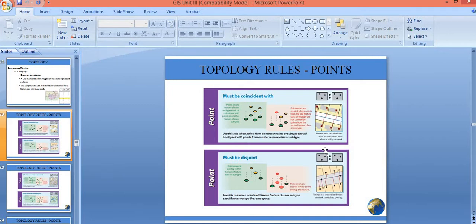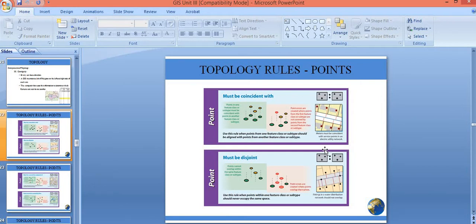There are many consistency rules available, and these consistency rules are categorized into three types. The consistency rules related with points, first category. Consistency rules related with lines, second category, and consistency rules related with polygons, third category. Okay, as the name says, when a particular rule is in the point category, what does it mean?